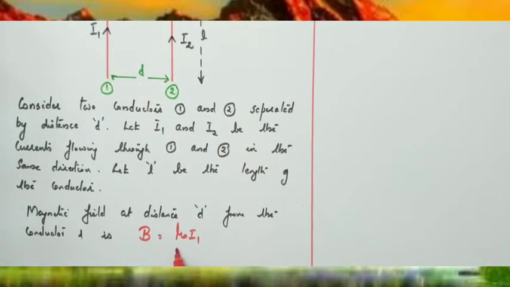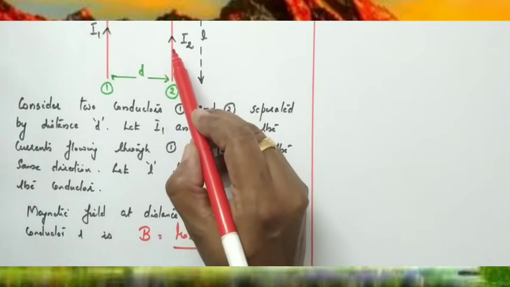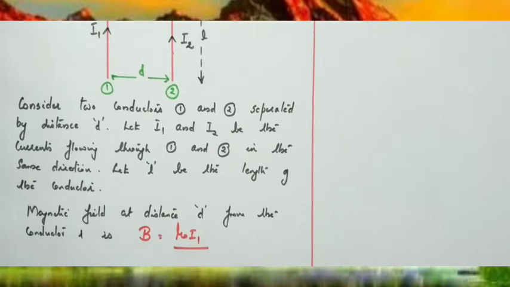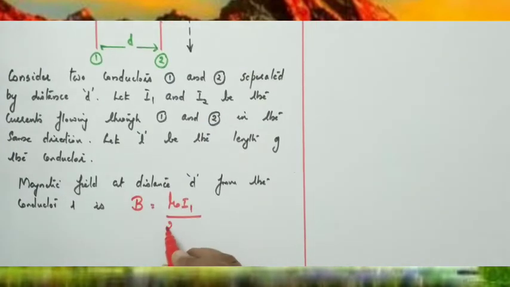We have to find the magnetic field at distance d from the first conductor. Therefore, it is given by mu 0 I1 divided by 2 pi d.